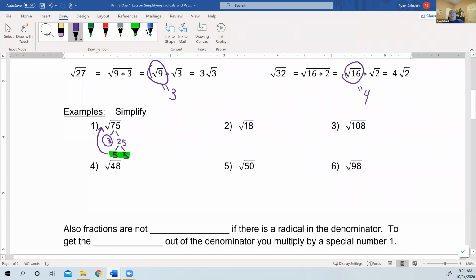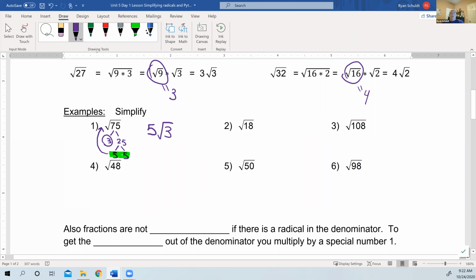So here's where that's going to come in. This pair of 5s goes out and turns into one 5. Who's single under the radical? The square root of 3. So the 3 stays, he's single, he stays home.